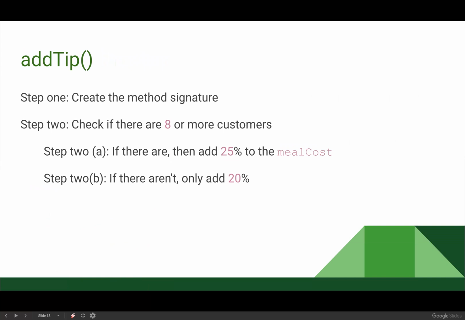So we've got our method signature. We're going to check if there's 8 or more. If there are, add 25. If there aren't, add 20. So what's our method signature going to look like? First, we're going to have public. What return type is this method going to have?